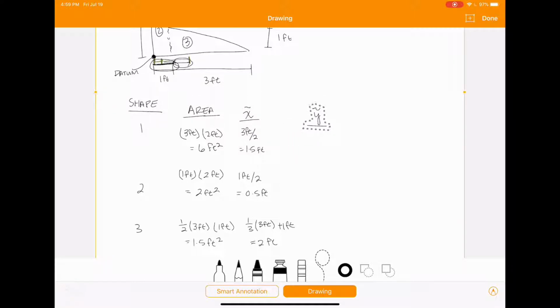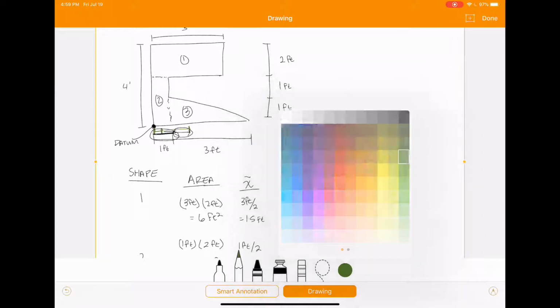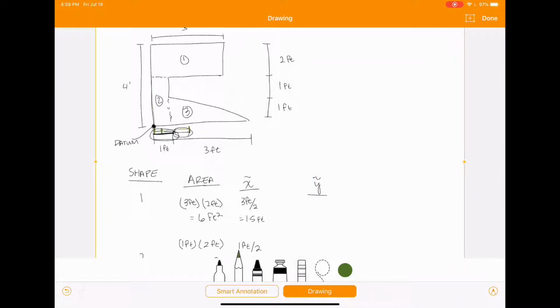And then our y tilde is going to be the same thing as our x tilde, except in the y direction. So for shape 1, we're going to have this distance here. For shape 2, it's going to be that distance there, and then shape 3 is going to be that distance there.